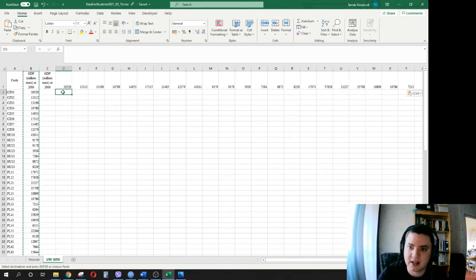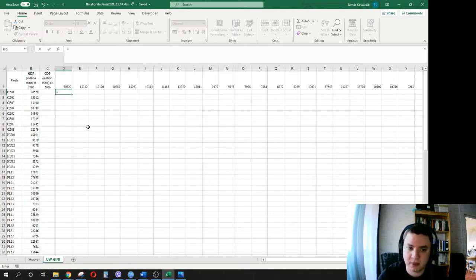Click on the cell, the first value below in the matrix. We have to make the differences between this and this.